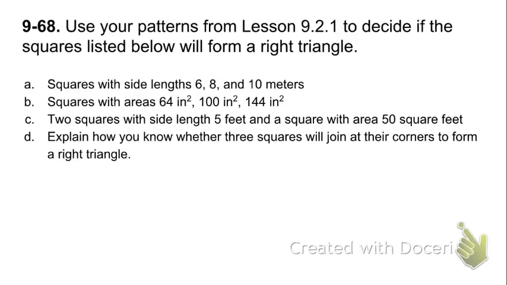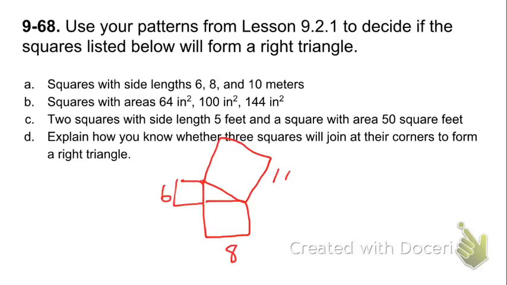Well, first of all, if I've got my squares, one with a length of 6, a slightly bigger one with a length of 8, and then another one, larger than each of them, that one's going to be 10. So in the middle there, I'd have my triangle. Now we want to know if that would form a right triangle.